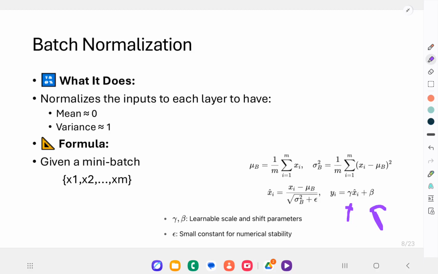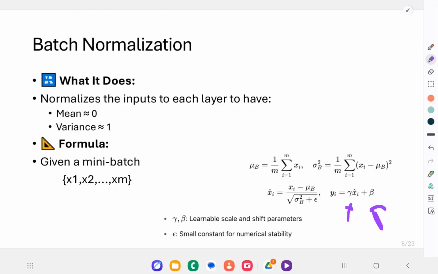Okay, so this process has many benefits. First, it reduces what's called internal covariate shift, which is the tendency of layer inputs to change distribution during training, and it allows for higher learning rates and faster convergence. In practice, it also adds a regularization effect.